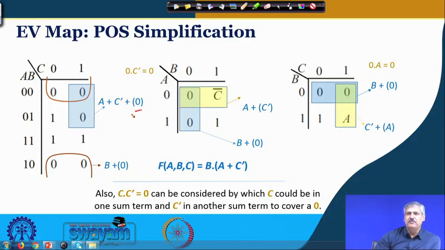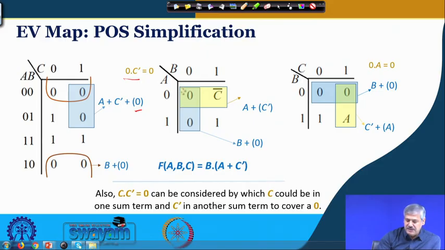For the corresponding POS simplification, earlier we considered 1 as 1 plus C or 1 plus C prime, or C plus C prime. Here, 0 can be considered as 0 and C prime, 0 and C, or C C prime, and accordingly we can use it for forming a larger group if it is possible.